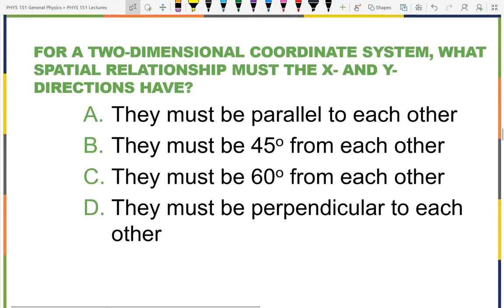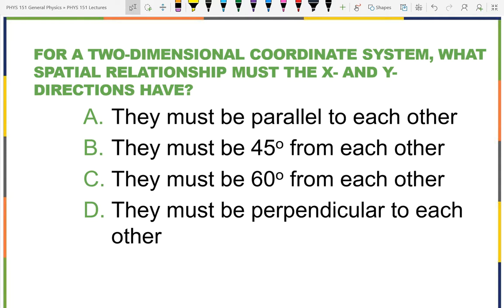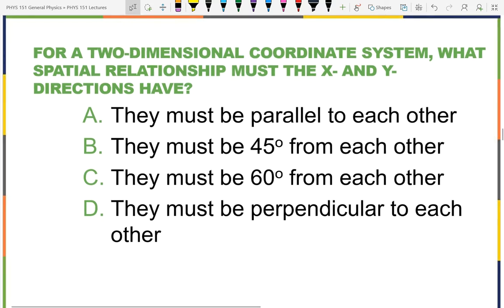So, some more questions. For a 2-dimensional coordinate system, what spatial relationship must the x and y directions have? I spell spatial wrong half the time, so I'm proud it's spelled right here.